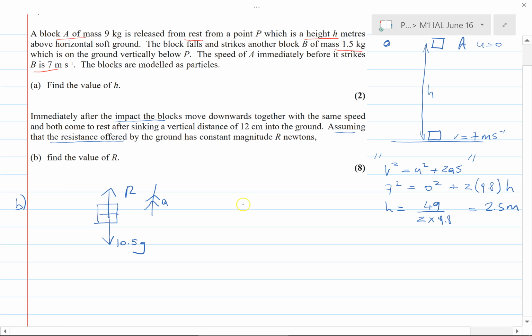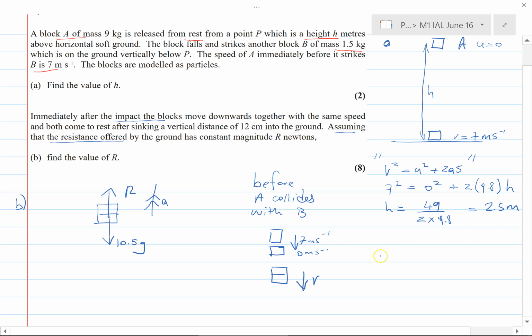Before A collides with B, we will have A moving with 7 meters per second and B moving with 0 meters per second, and then afterwards they will combine together with a combined speed. Let's call that V. It's not 7, of course.